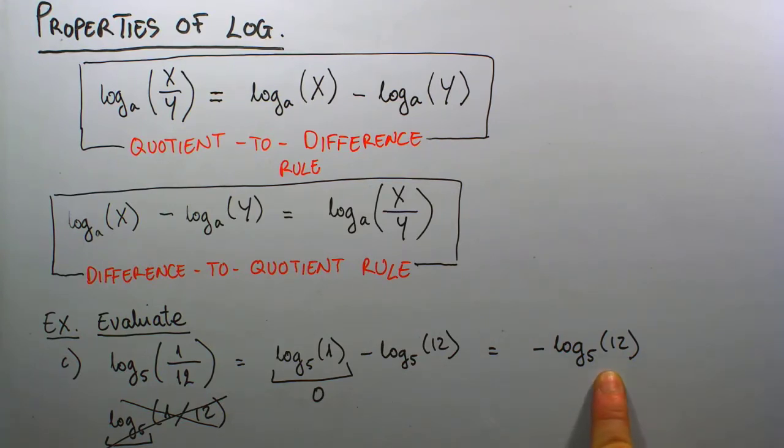And with this final expression, I can now use a calculator easily. At least if the calculator is not offering a direct key for log base 5, we can still have some workaround that can handle log base 5 of 12, and then the answer will come out as a negative answer.